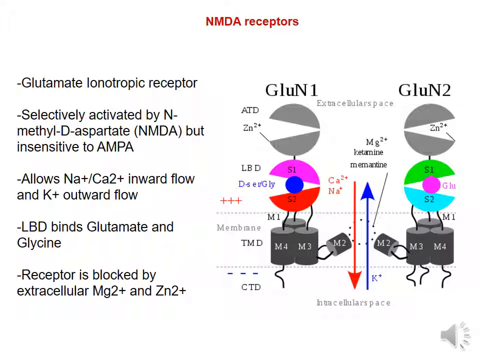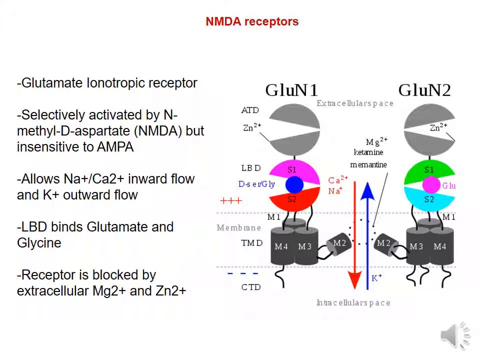However, for this particular type of receptor, extracellular cations such as magnesium and zinc ions bind to specific sites of the receptor, blocking the passage of the different ions through the pore, and allowing a voltage-dependent flow of sodium and small amounts of calcium ions into the cell, and also potassium out of the cell when the magnesium and zinc are removed. Therefore, two events are needed for the NMDA receptors to open.